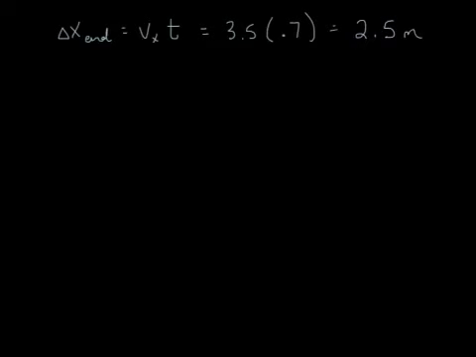Finally, we're looking for the maximum height reached by our projectile, or the height at the apex. So for that, we don't really know how much time it takes to get to the apex, although it is half the total time for this problem. But let's just assume we don't know the time to get to the apex. But we can do V at the apex squared equals V naught y squared plus 2a delta y.